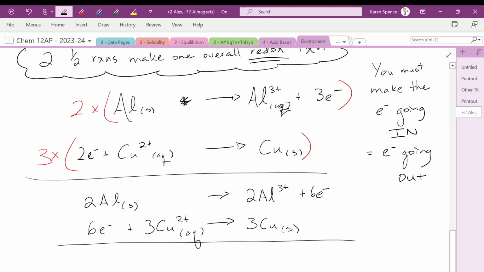Now what we're going to do is we're going to add these two reactions together. Boom, boom.